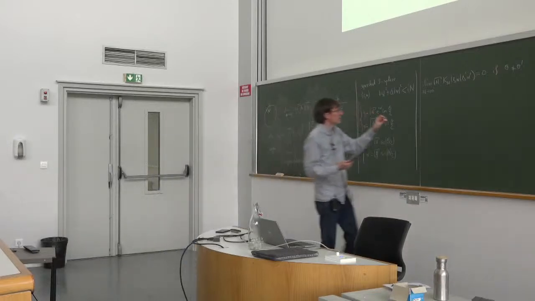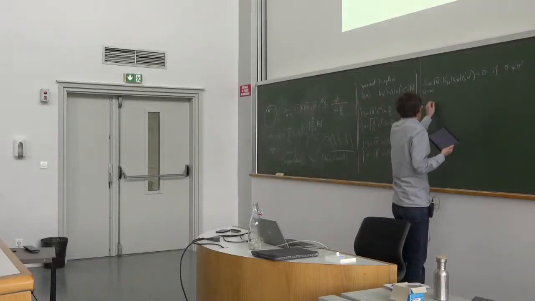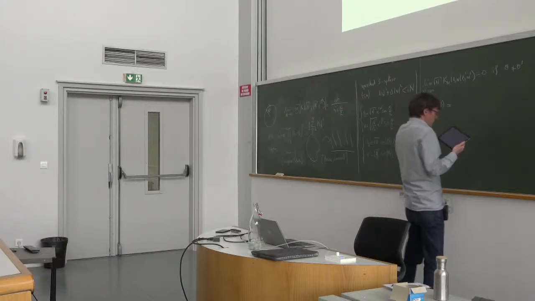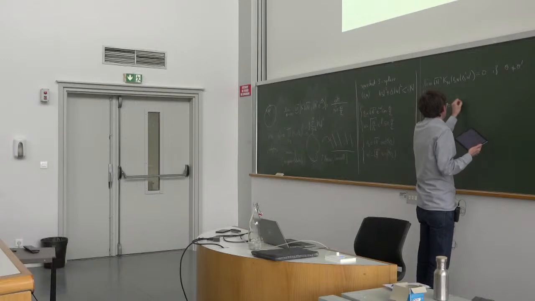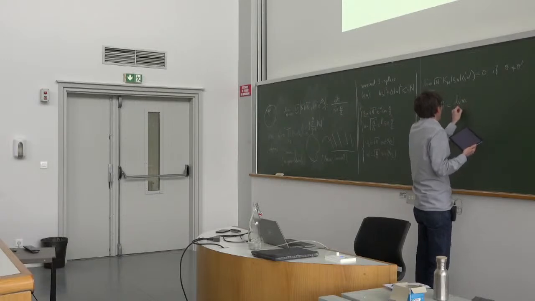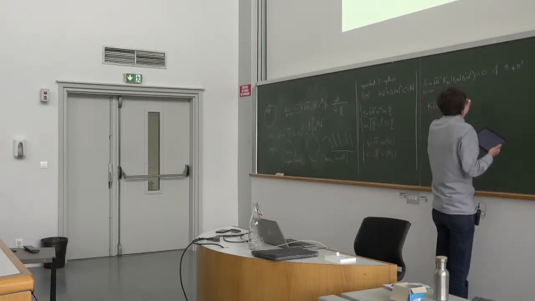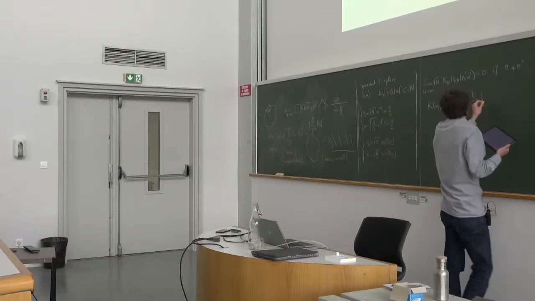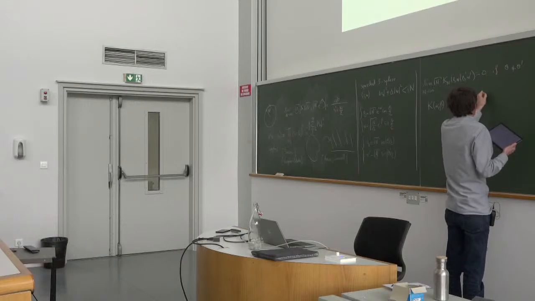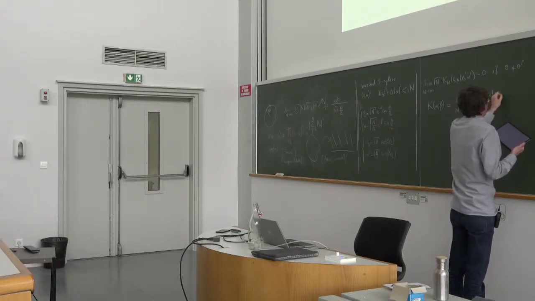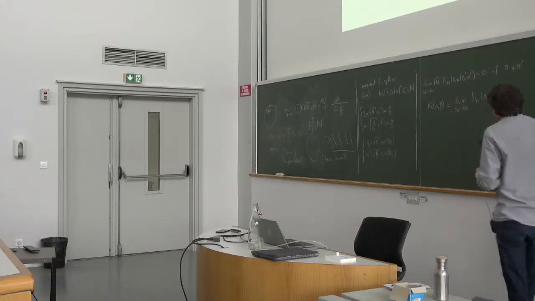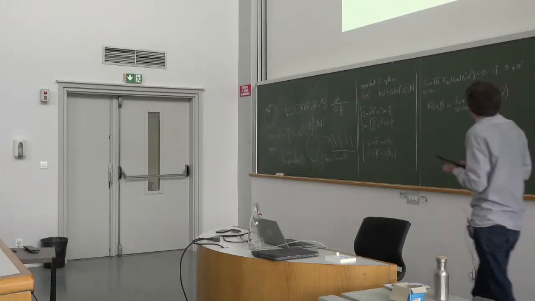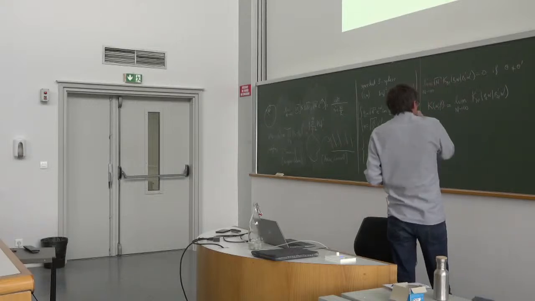Okay, so if I have this, I can define, let me do this, and now I define this. So the edge kernel, if you want, K_n, with this condition satisfied, theta is theta prime, and now I define it like this, and this is what I study in the following.